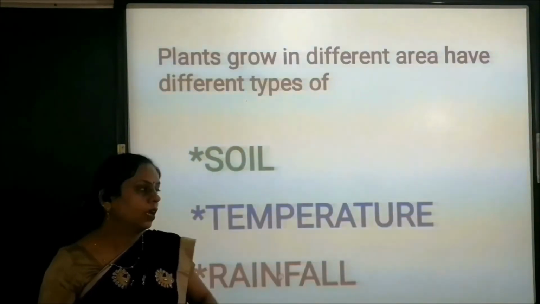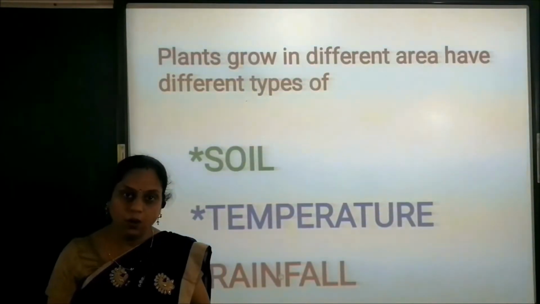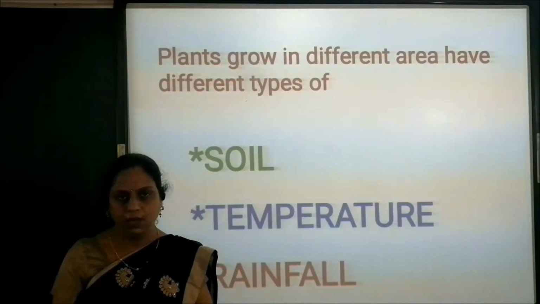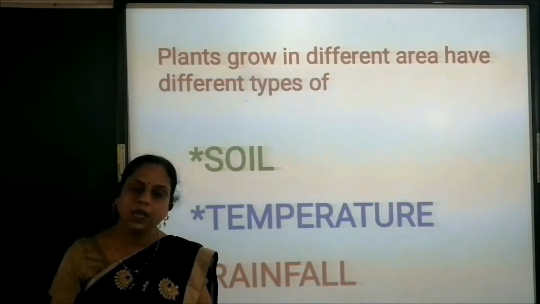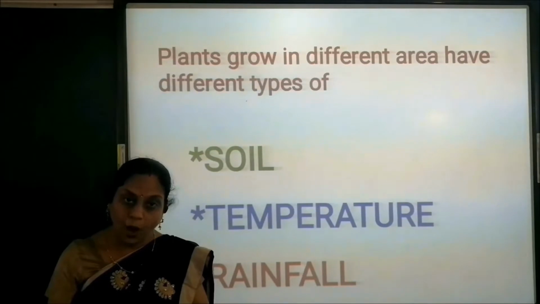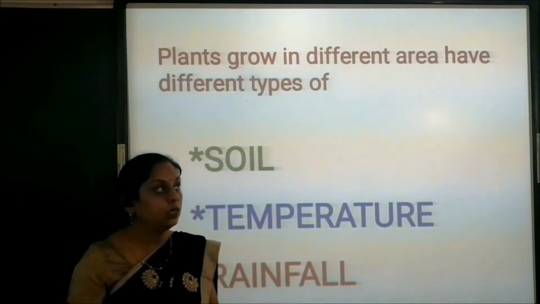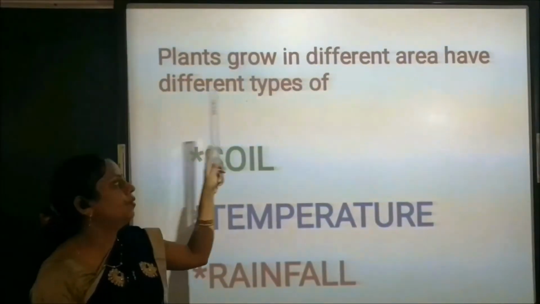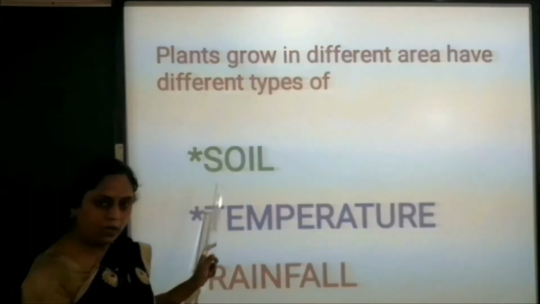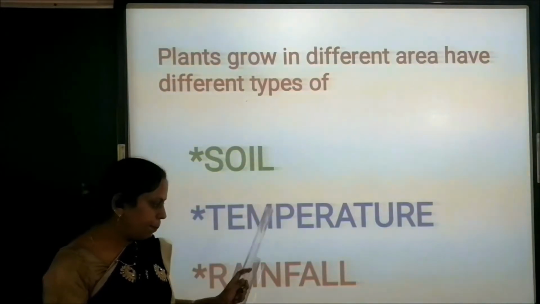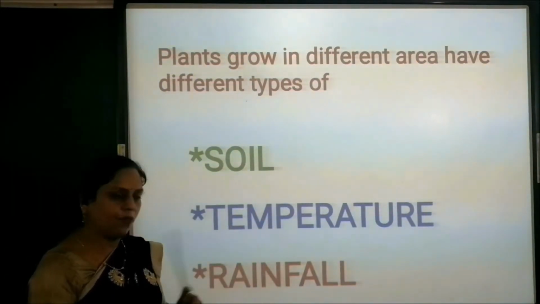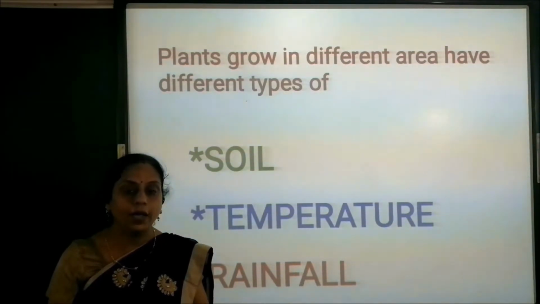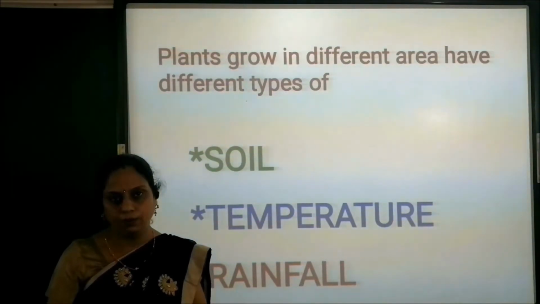Now children, as you all know, plants are growing everywhere on the earth. But all plants are not the same. Why? This is because plants grow in different areas and different types of soil, temperature, and rainfall. This means some plants require sandy soil to grow.